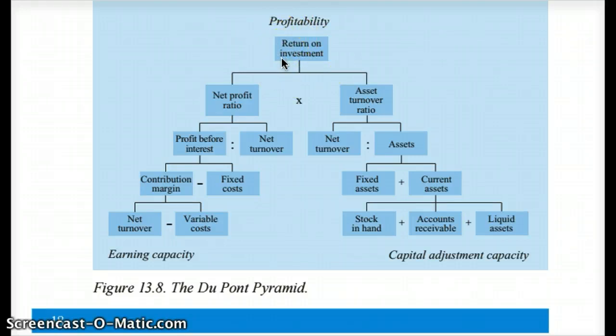The great thing about the DuPont pyramid is that if you know the return on investment, you can always look at this pyramid to understand, okay, if the return on investment is falling, then is it because of the earning capacity, or is it because of the capital adjustment capacity?